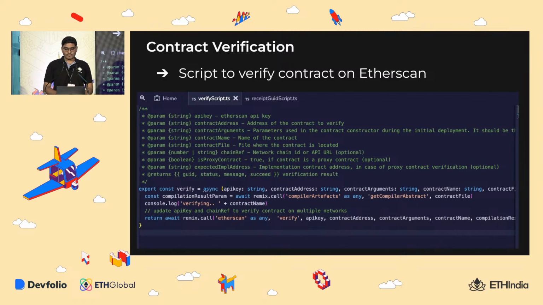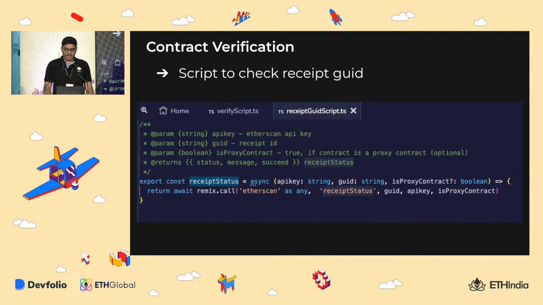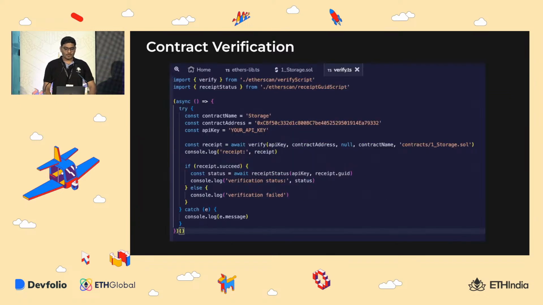If you have ever verified a contract on Etherscan, whenever we do it, we get one particular GUID, and using that GUID we can track the status of it. So this second script helps in getting the status of that particular GUID. We can prepare a third script as per our needs, and import those scripts as I have done in this file.